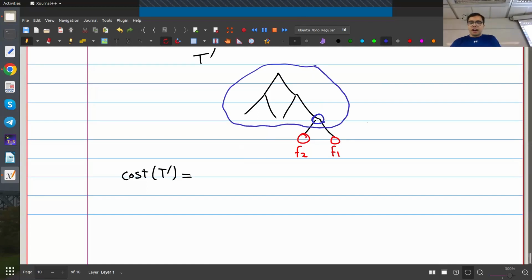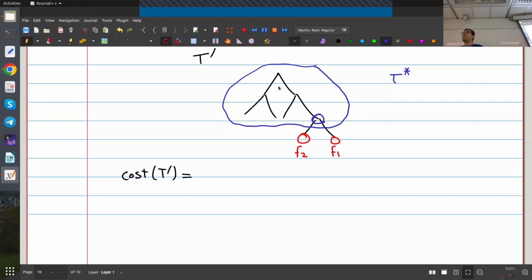I'm going to give this one another name. I'm going to call it T star. So T star is the tree that is obtained by merging these two, or basically removing these two leaves, but giving the sum of their frequency to their parent, which is the operation that I'm doing. But again, remember that this was an optimal solution that someone else had given me.